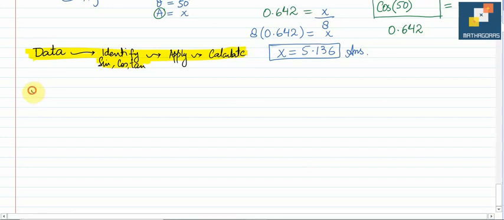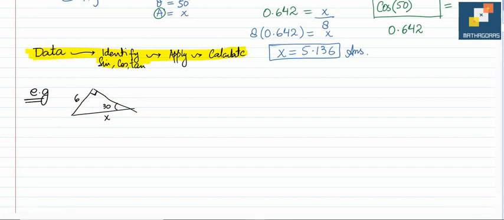Another example. Now I am going to change the orientation of the right angle triangle. I gave you the question. What you guys need to do, first step, you need to plot the data. Data means you need to highlight the sides and angle. So angle is 30, that is the easiest one, that is why I pick it first.